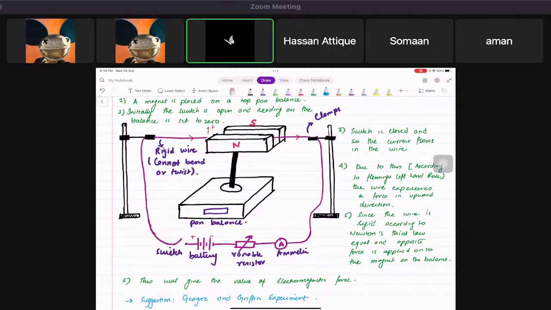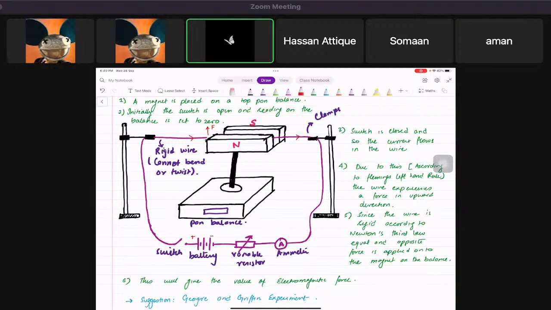Yes, sir. In the fifth step again. Okay. You see, we do realize, Gatika, that according to Fleming's left-hand rule, the force on the wire is F. You understand? Yes, sir. Then Newton has said that if body A does an action on body B, what is happening? The magnet in this is applying a force on the wire, right?